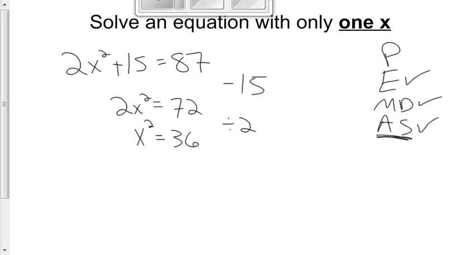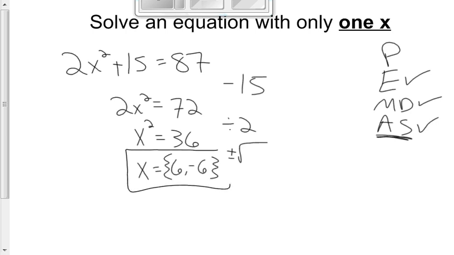The opposite of squaring something is to square root. And so when we square root, we're going to have 6 and negative 6 as our two solutions. So again, you start at the bottom of PEMDAS and you work your way backwards because we're trying to undo what's happening. Okay, let's look at another example.